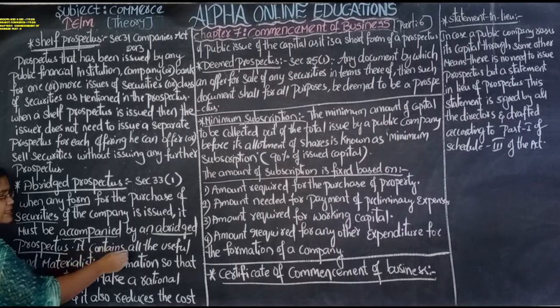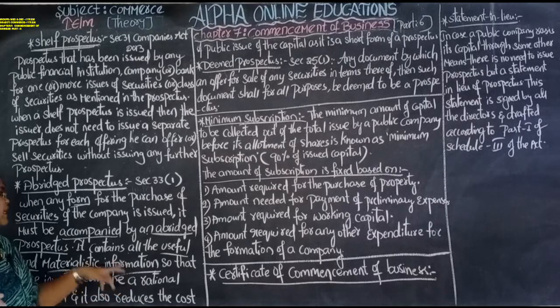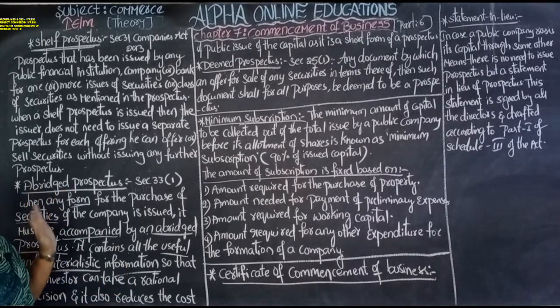So it contains all the useful and material information. It only contains the information needed, what is important; only that information is contained in the abridged prospectus. The unnecessary information is not contained in it.